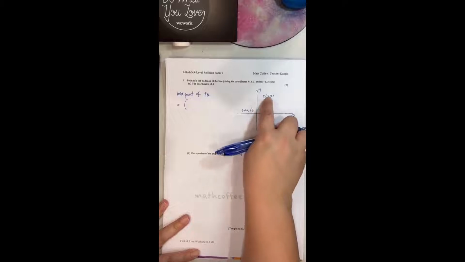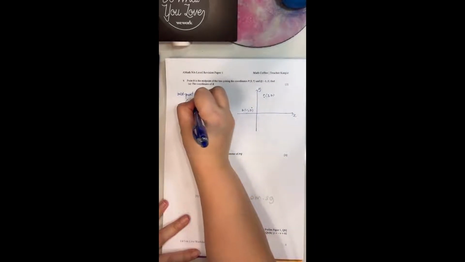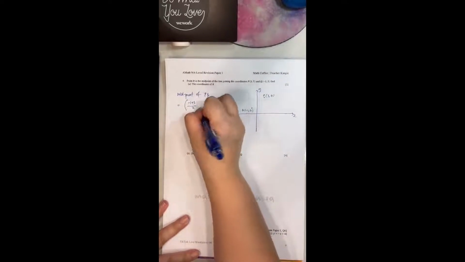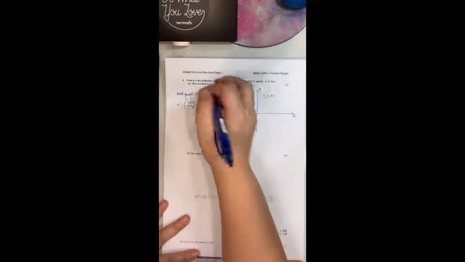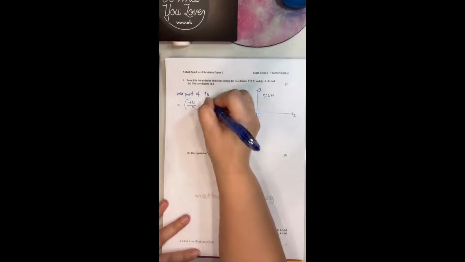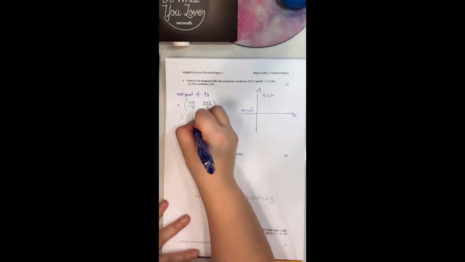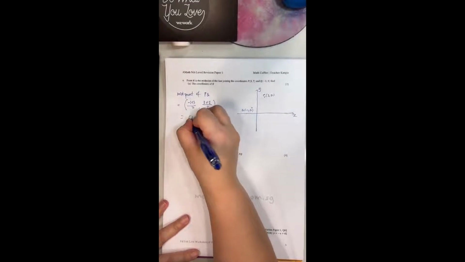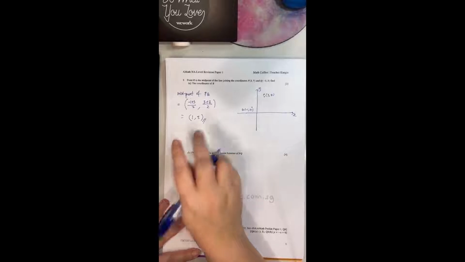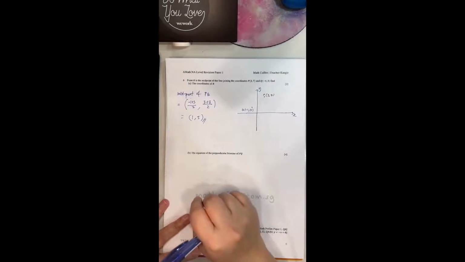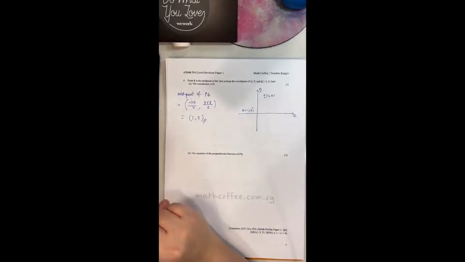So it's minus 1 plus 3 divided by 2, comma, 3 plus 7 divided by 2. So we have 2 divided by 2, so it's 1. 10 divided by 2, which is 5. Okay, very straightforward. Just need to know the midpoint formula. Take the average of the coordinates.